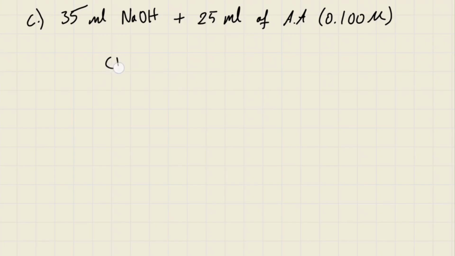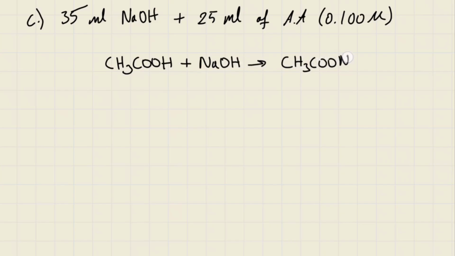So we have CH3COOH plus sodium hydroxide. We will create the sodium acetate plus OH minus ions, but acetic acid will be depleted first. Why? Since we have 3.5 millimole of sodium hydroxide, but we have only 2.5 millimole of acetic acid.